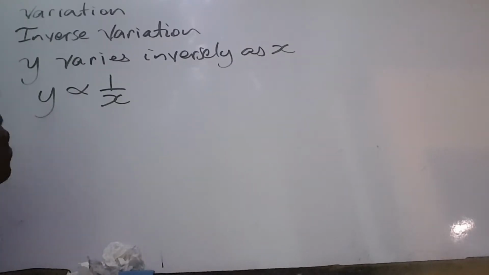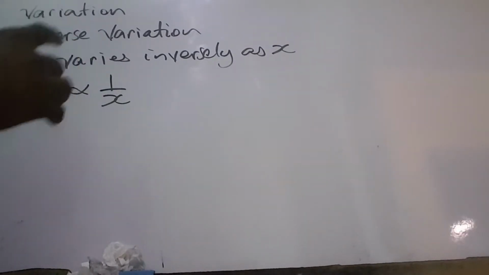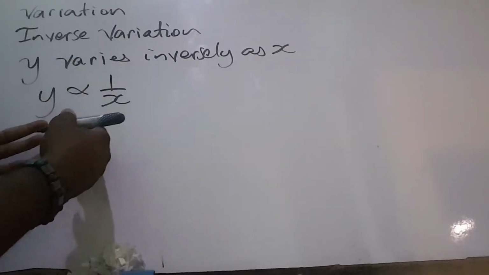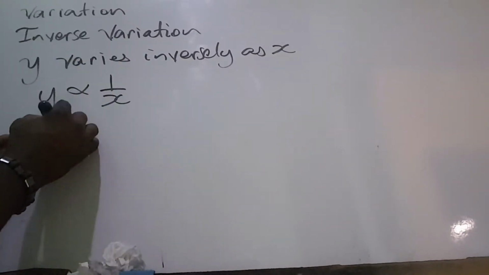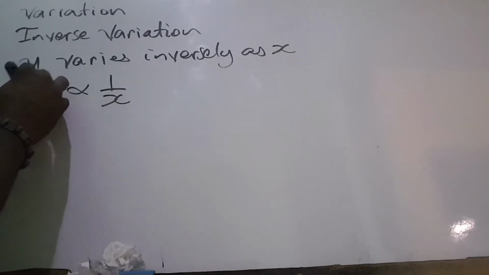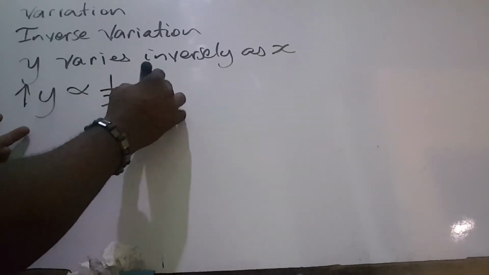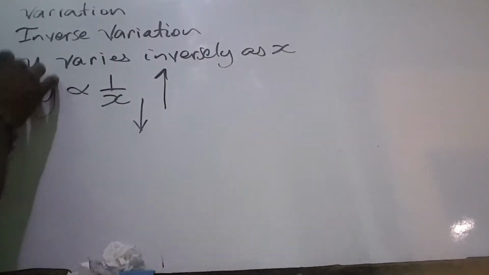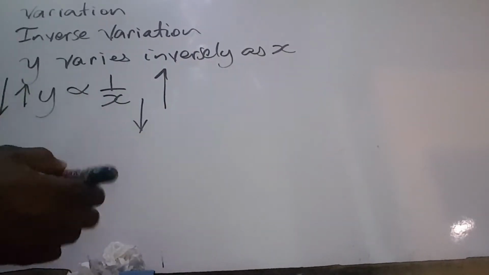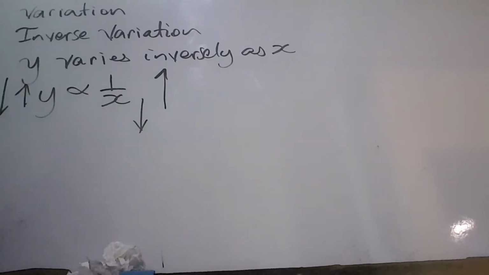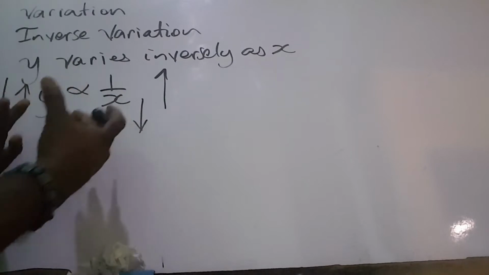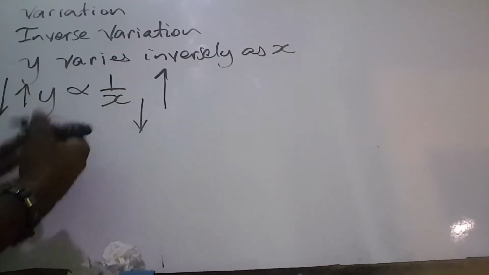What's going to happen is that if this is going up, then this one is going down. And if this one is going up, then this one is going down, because they're working inversely to each other. Now, how do we relate these in an equation?